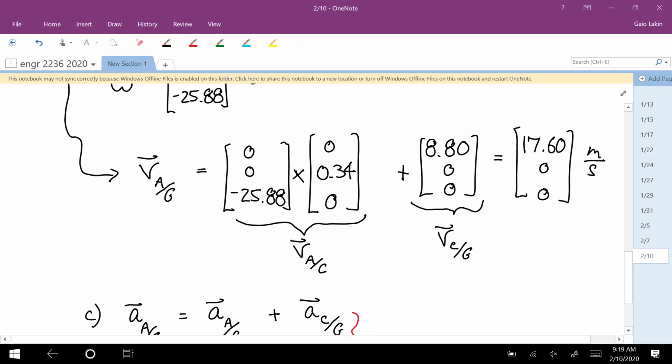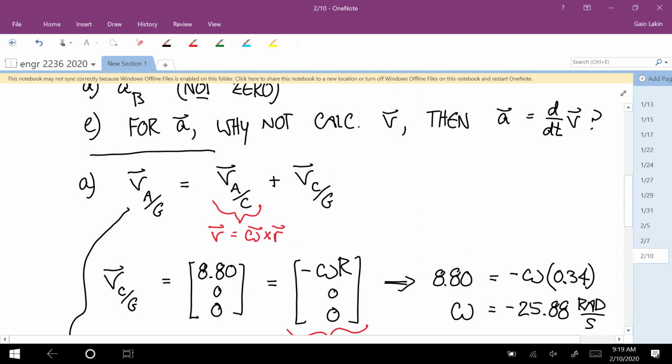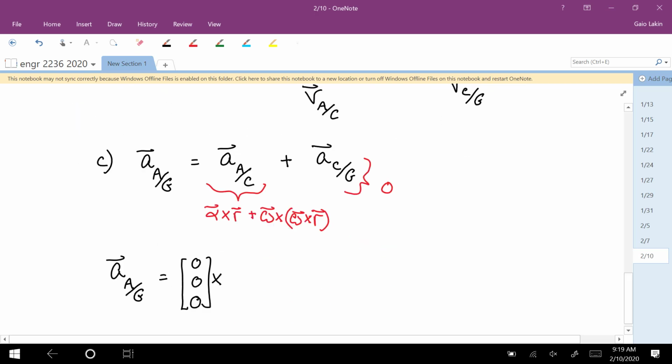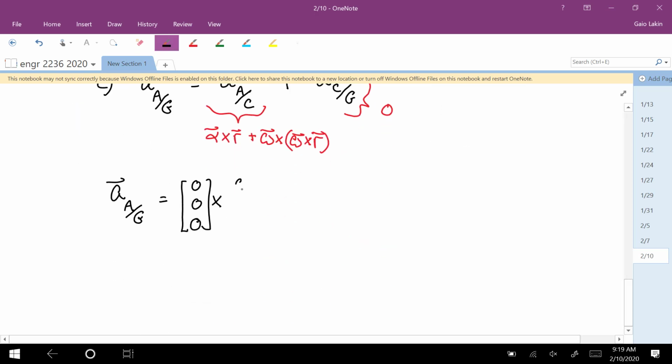We're looking for the point A again. Yep, in the Y, just like it was for velocity. So 0.340. So that part goes away.